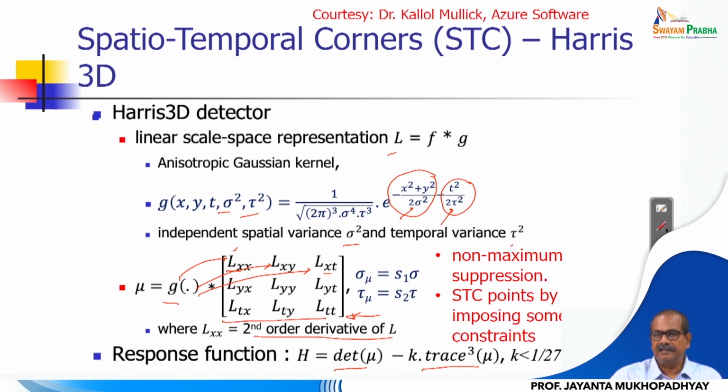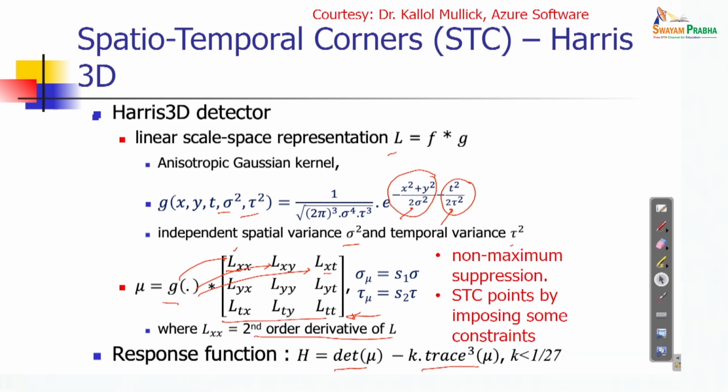Wherever this is greater than a certain threshold, the local maximum will give you the respective point of interest. In the way you performed it for Harris corner detection, you perform non-maximum suppression, so that points near a local maximum are suppressed and only those whose peak is significant are retained.